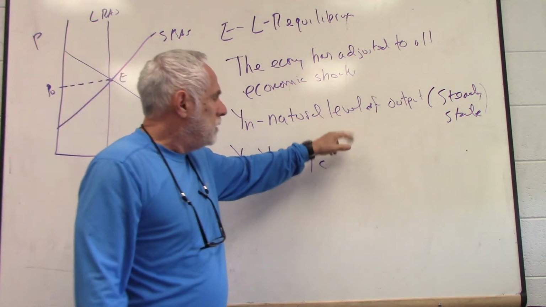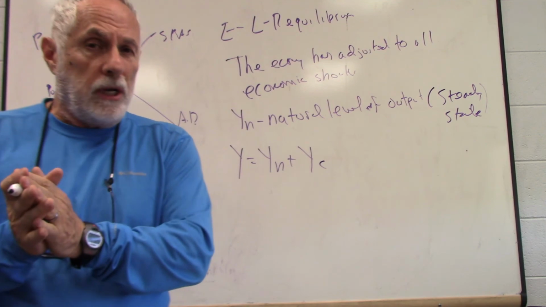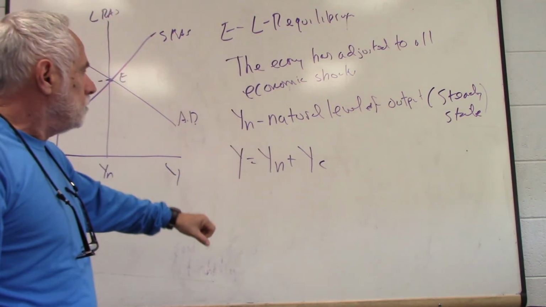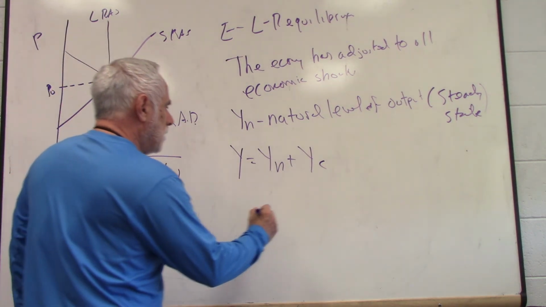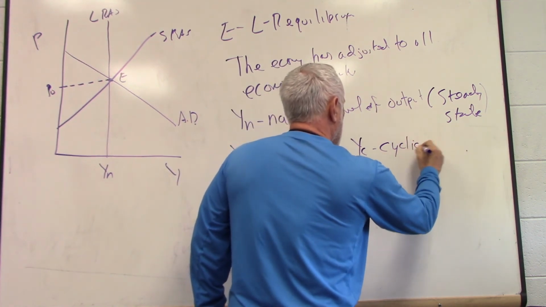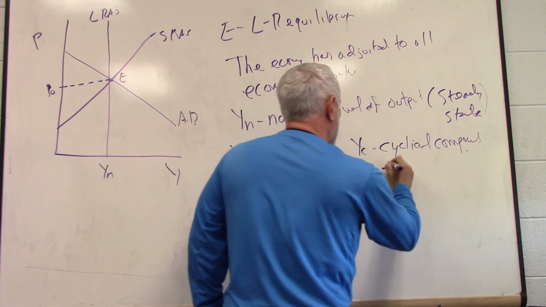The natural level of output and the steady state are similar in the sense that they represent movements to the long-run equilibrium, but they're different perspectives on the economy. So we have Y, output, equals the natural level of output, and Yc is called the cyclical component of output.